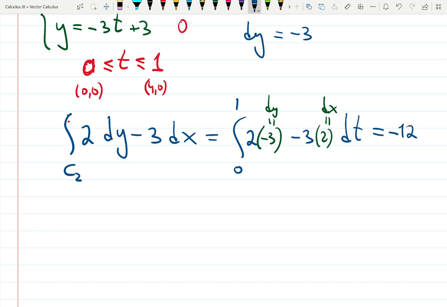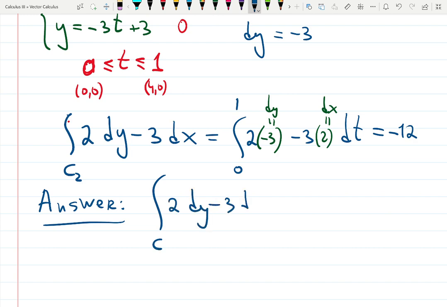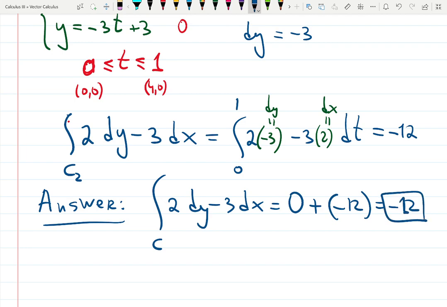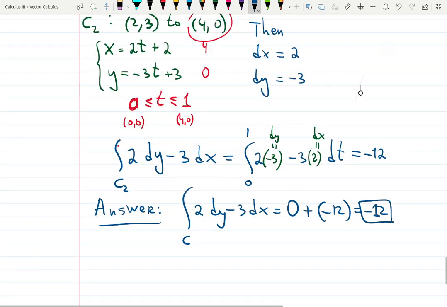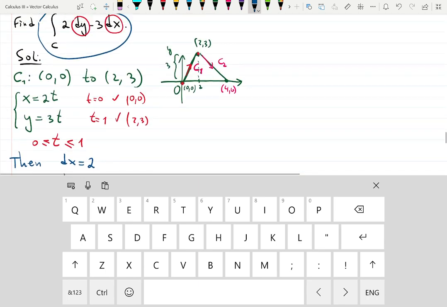Almost correct. Negative 12. So the final answer, the integral over C2 of dy minus 3 dx, will be the sum of those two, 0 plus minus 12, which is minus 12, because we need to complete the whole walk. Again, imagine there's a curtain above this walk.